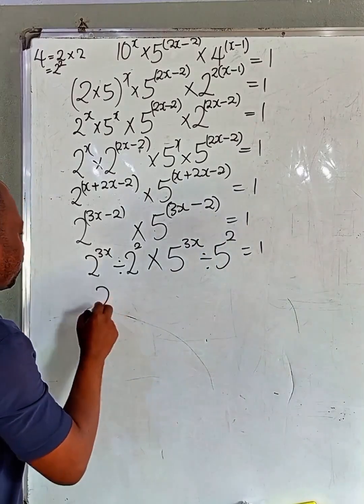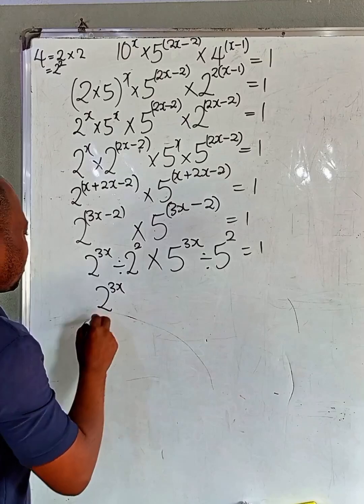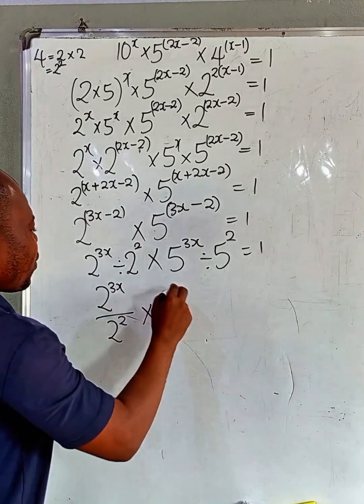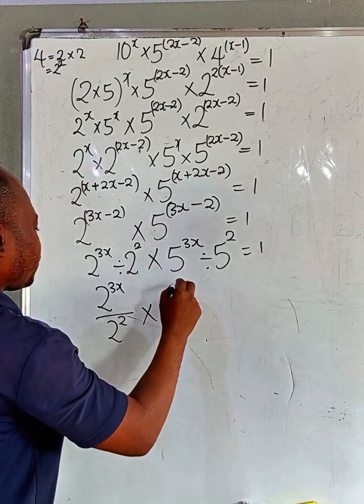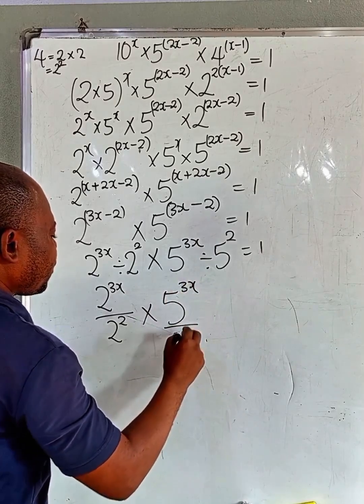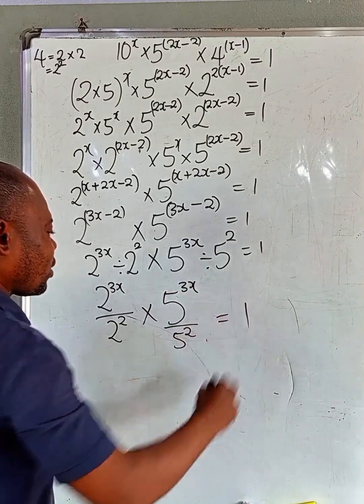So what we have now is 2 raised to the power of 3x all over 2 raised to the power of 2, times 5 raised to the power of 3x all over 5 raised to the power of 2, equals 1.